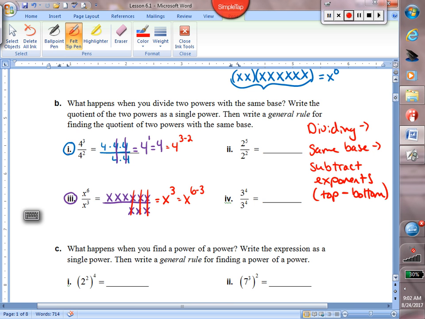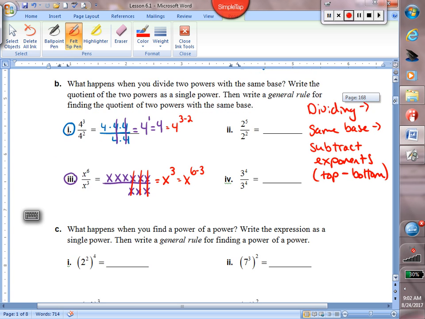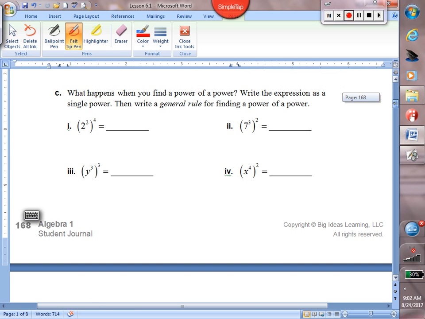The last piece I want to look at, our third rule, is what happens when we have a power, a base with an exponent inside the parentheses, and then there's another exponent outside the parentheses. How do we handle that? Let's take a look at number 1. 2 to the second power means 2 times 2.